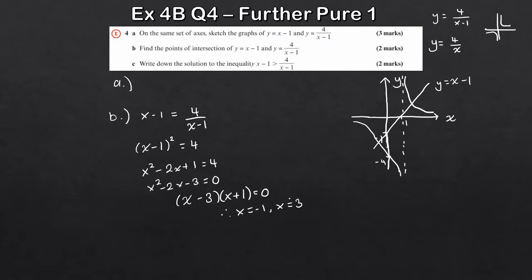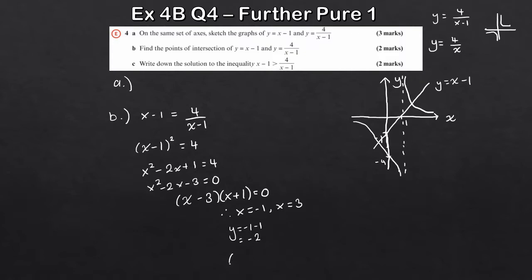So now, we want the actual points. So now we've got the x coordinate, we need to work out the corresponding y coordinate. So when x is minus 1, you can just substitute into either of your two equations. The easiest one would be y equals x minus 1. So when x is equal to minus 1, y is equal to minus 1 minus 1, which is minus 2.